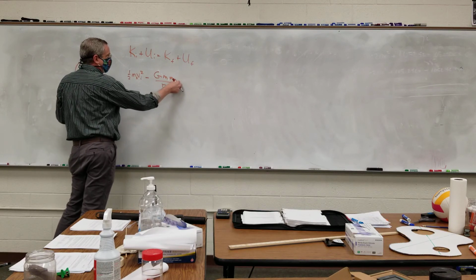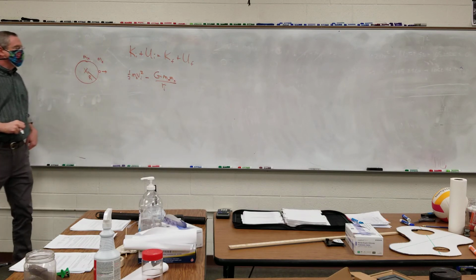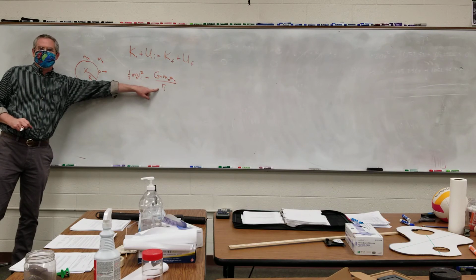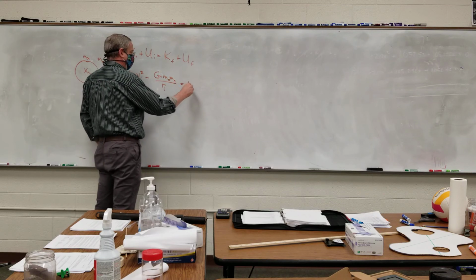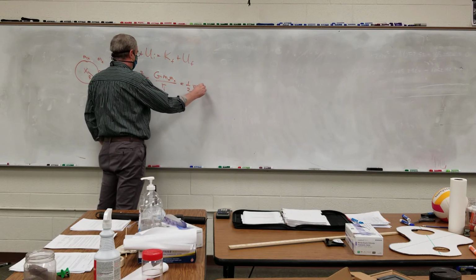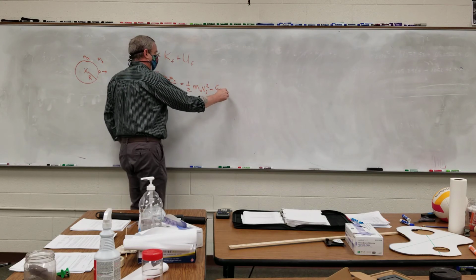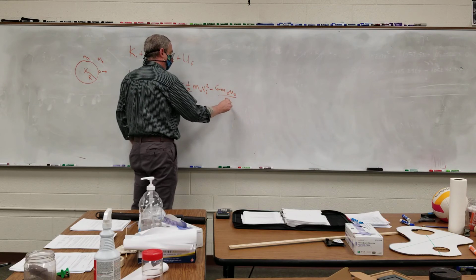The two masses here are X and S, and R sub I right here is the initial center-to-center distance. And that's going to be equal to 1/2 mass of stuff times the final speed squared minus big G mass of X, mass of stuff, divided by R final.